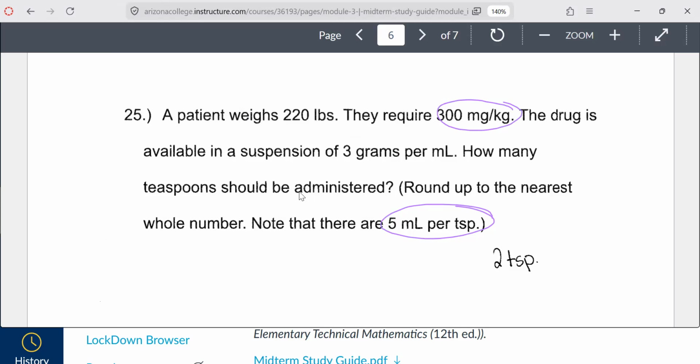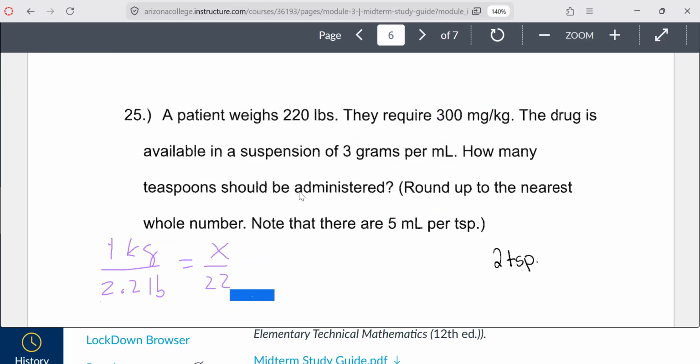To change from pounds to kilograms, 1 kilogram is 2.2 pounds, or 2.2 pounds is 1 kilogram. So I'm trying to find kilograms, 220.